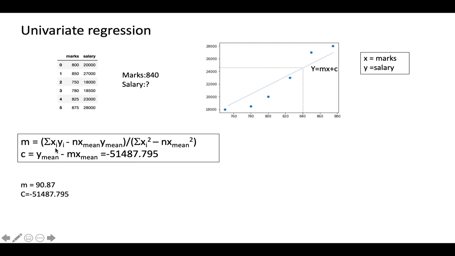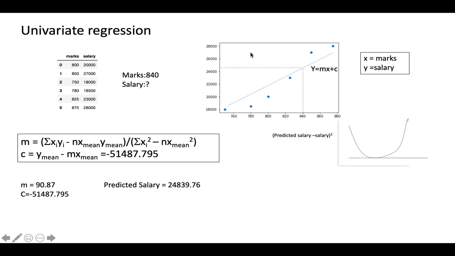So we get the value of m first, and from m we actually get c. Please ignore, I mean, we don't get c first. We will get the value of m, and from m we can derive the value of c using this second formula. Okay, and based on that, if we fit in m and c and have our x, then we get that the salary would be around 24,839, which is pretty close to what we saw graphically.